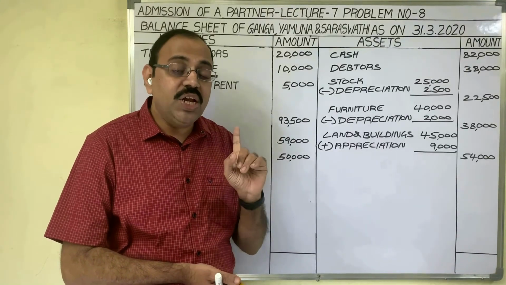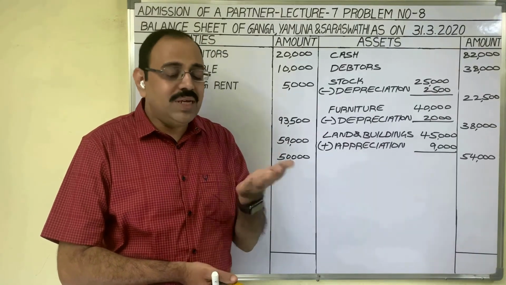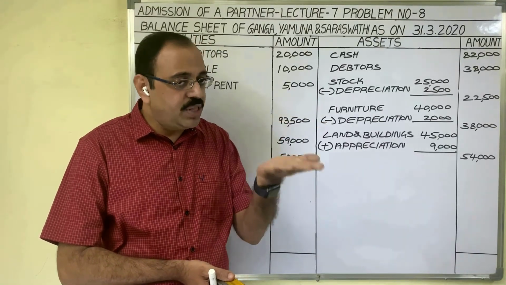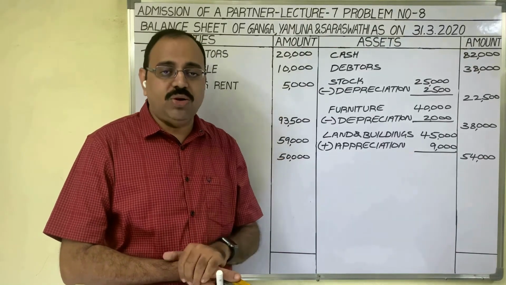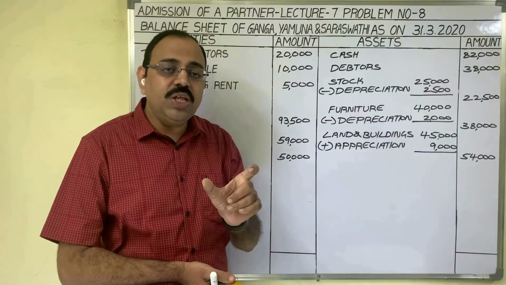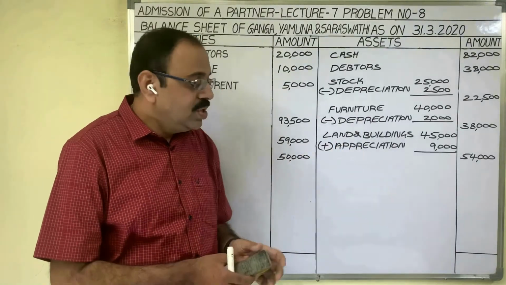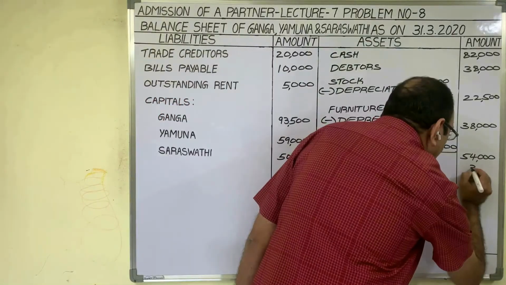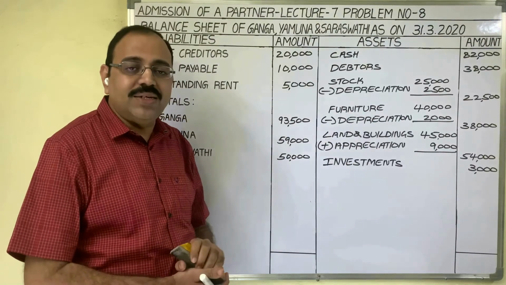In revaluation account, as a profit we wrote 3,000 rupees because investment asset value is increased by 3,000 and market value of investment is also 3,000. Therefore, same 3,000 appears in new balance sheet under asset side also. Investments 3,000 rupees. So all assets and liabilities we have taken in new balance sheet.